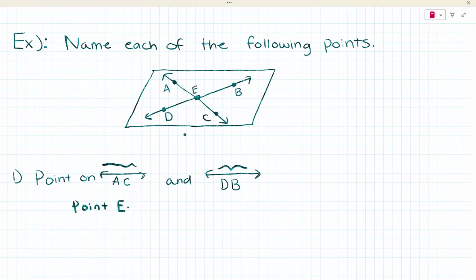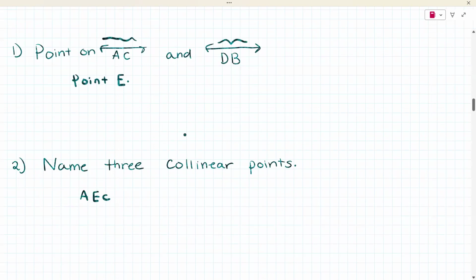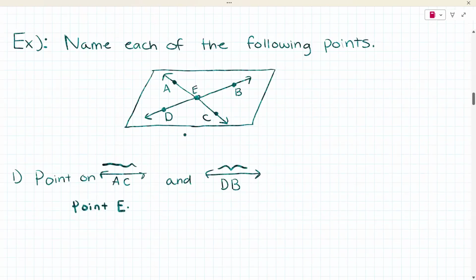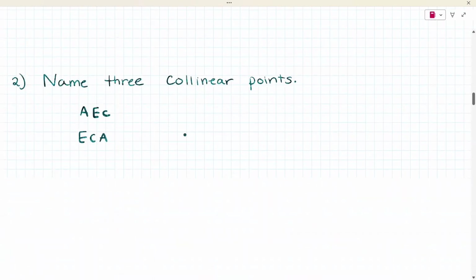What about E, C, A? Yes, ECA are on the same line, so that would be collinear. What about C, E, A? Yes, that would be collinear.